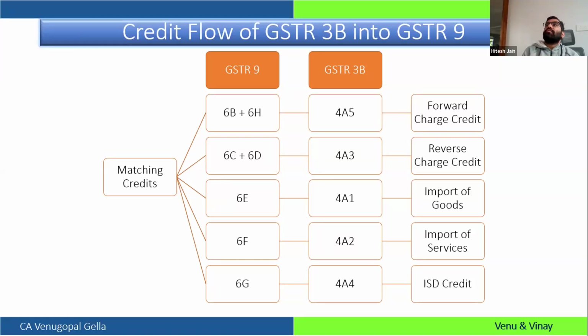If we don't do that, we are not filling the form as per the need. So we need to be very sure that if we are reporting figures in table 6H of GSTR-9, such figures have also been disclosed by us in table 4D1 of GSTR-3B.